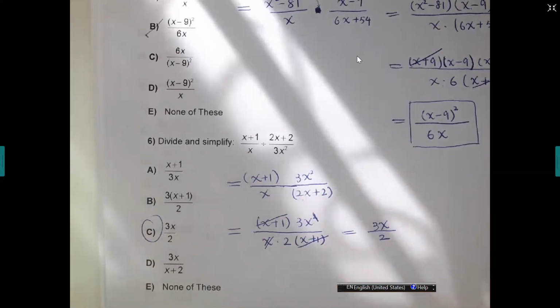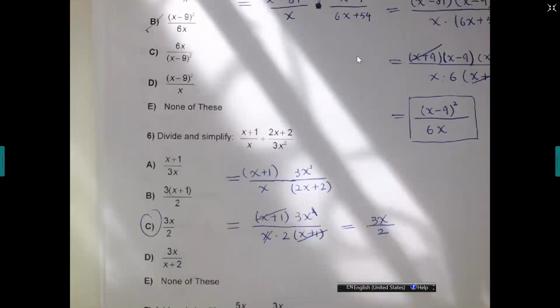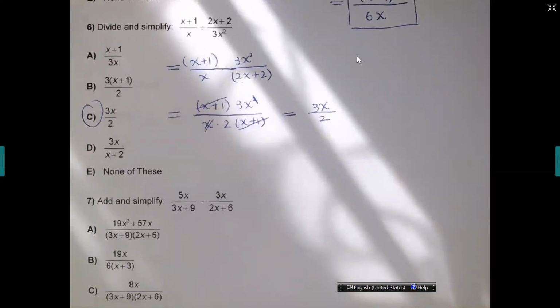So far we have 2 simplification problems, 2 multiplication problems, 2 division problems. Guess what's going to happen next? Addition and subtraction. So number 7, we'll see add and simplify.